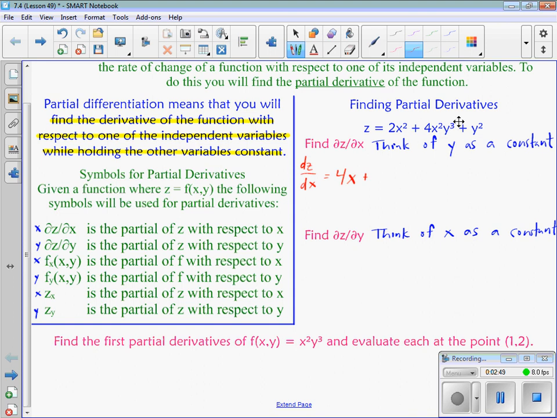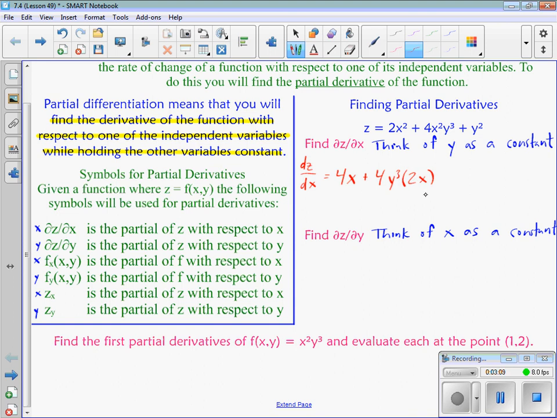Now, what are all the constants in this second term? 4y cubed. Don't I just leave the constant out front? So let's write this as 4y cubed, and then the derivative of my independent variable x squared is 2x. So you leave the constant out front, and then you take the derivative of the variable.